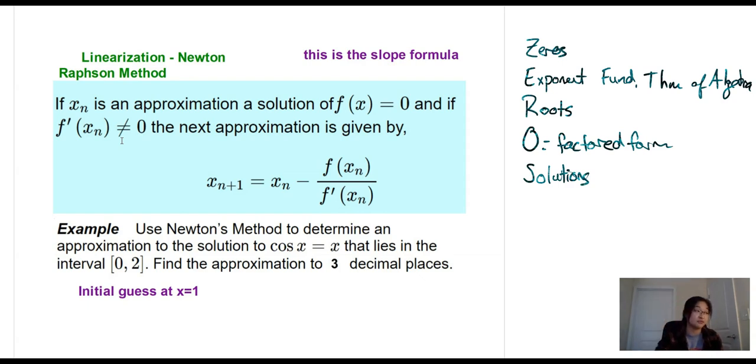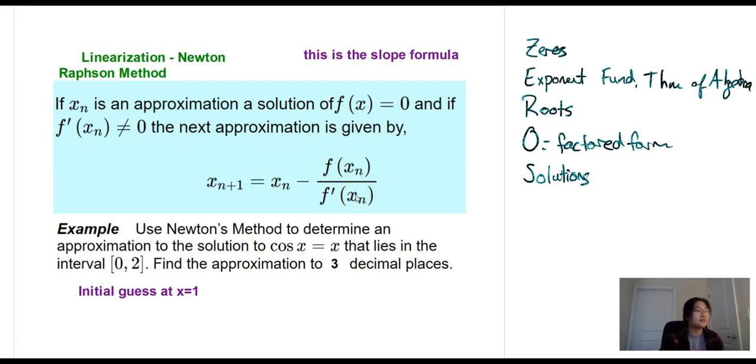Then we can find our next approximation, which is x sub n plus 1. That's our next approximation of our solution, found by taking our original approximation and then subtracting our function evaluated at that point over our derivative evaluated at that point.